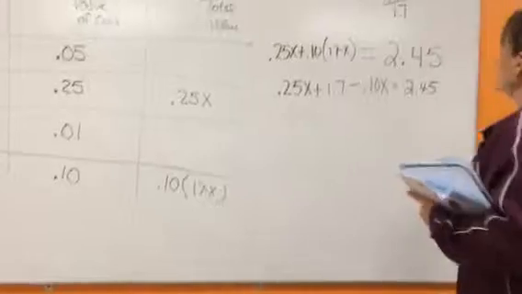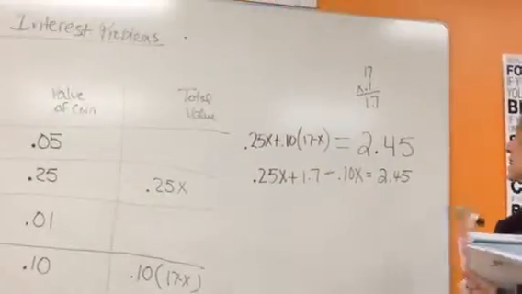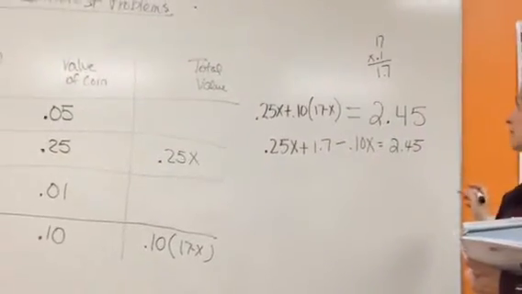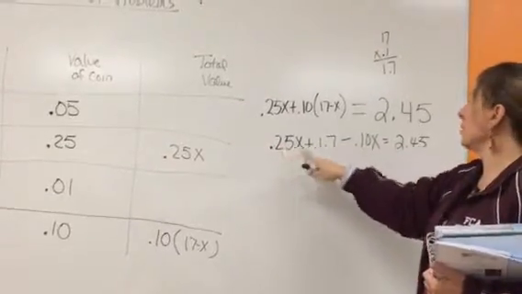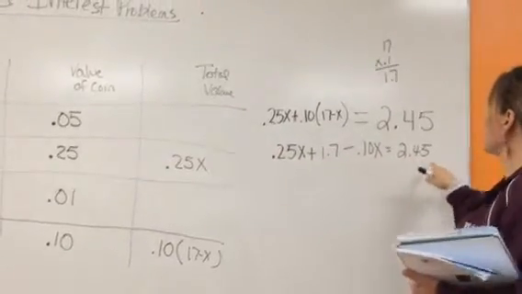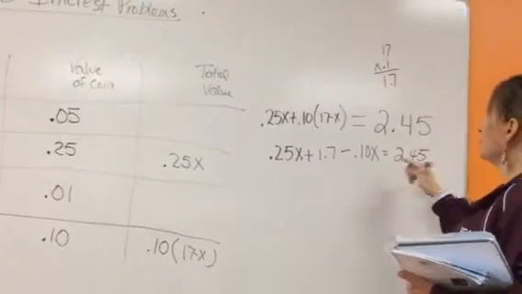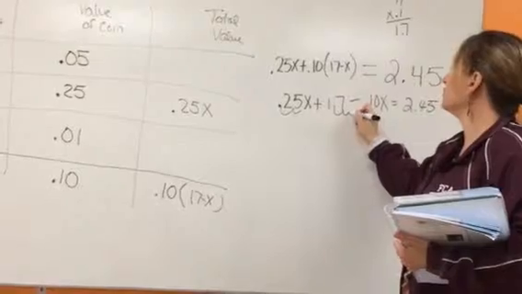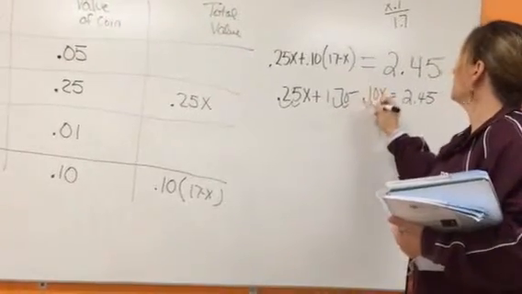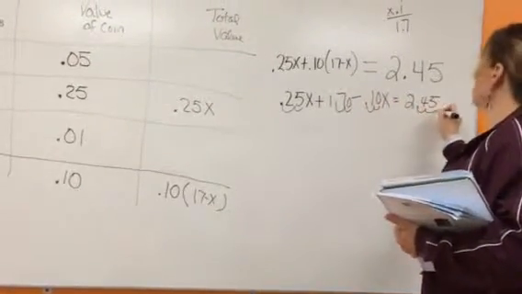Now I'm going to get rid of the decimals, actually all of them, to make my life easier. The ones that are over the most are over by 2, so I'm going to move everything over 2, and to do that I have to add a 0 to the 1.7.